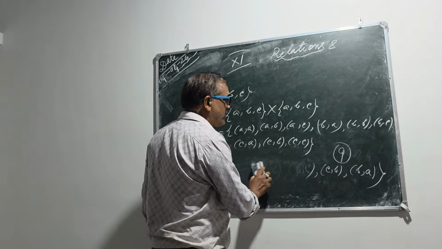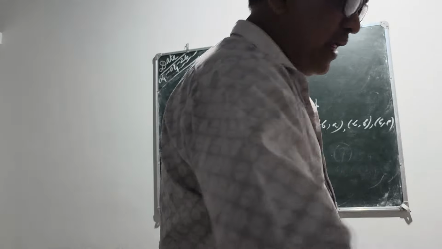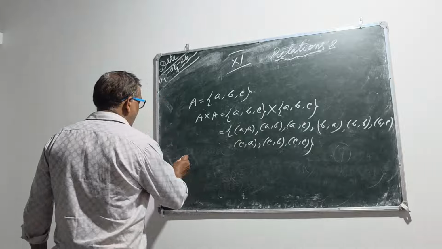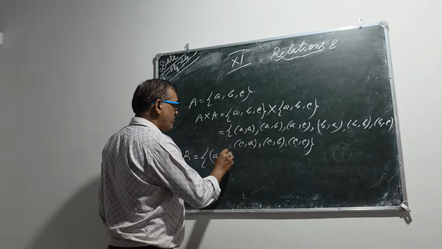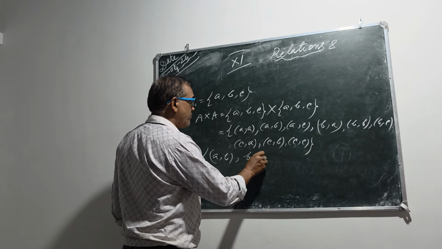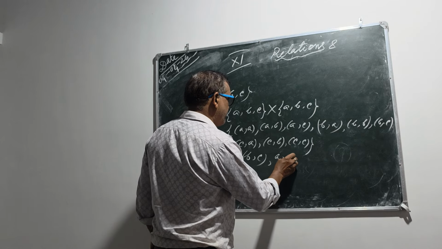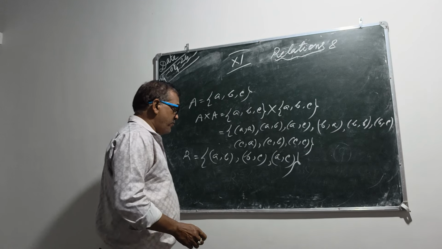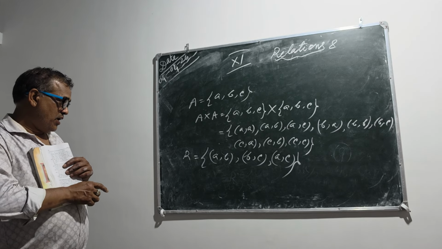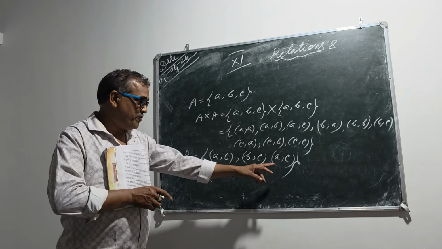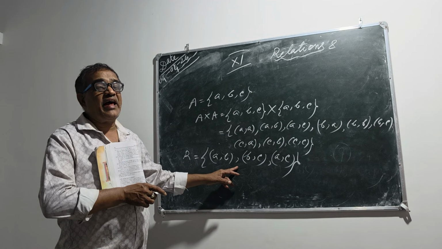So what is called the transitive relation? Let us see. The pattern of a transitive relation is what? If in any relation (A, B), (B, C) implies (A, C) also must be present here, then it will be a transitive relation.